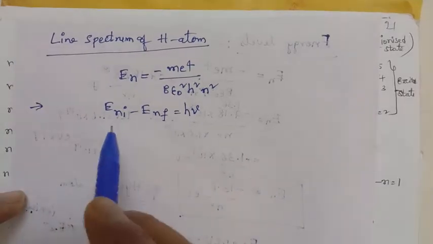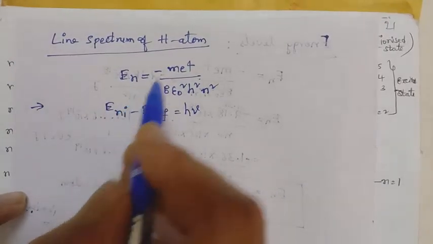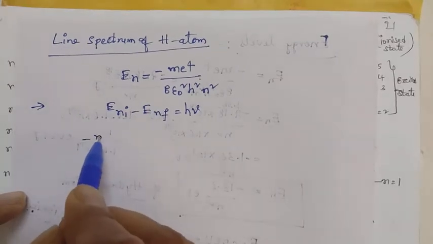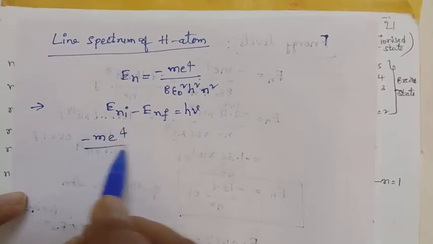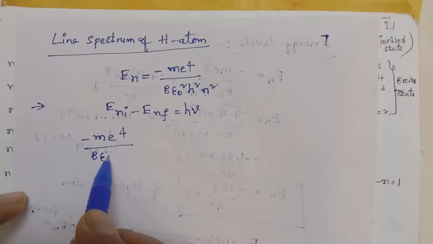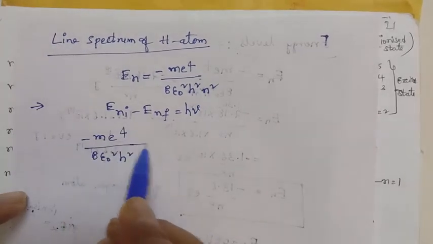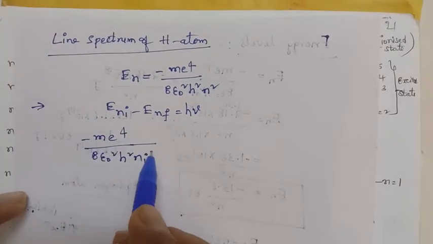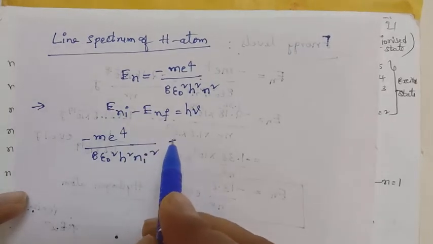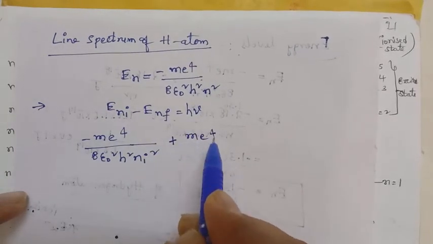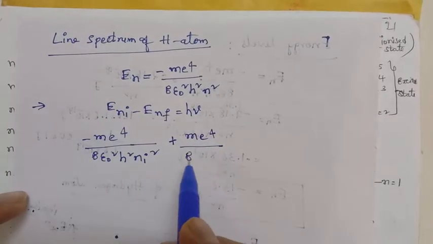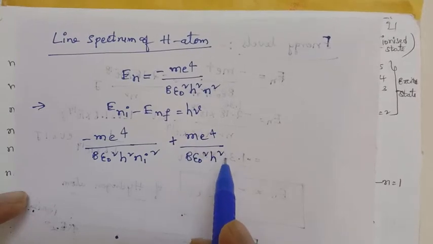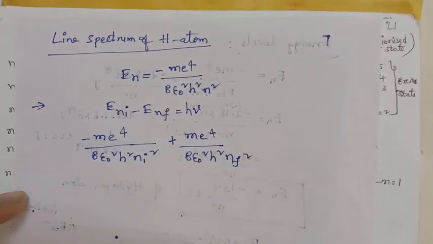So then E ni minus E nf. You have to substitute E ni: minus m e to the power 4 upon 8 epsilon naught square h square ni square, and minus into minus, plus m e to the power 4 upon 8 epsilon naught square h square nf square.